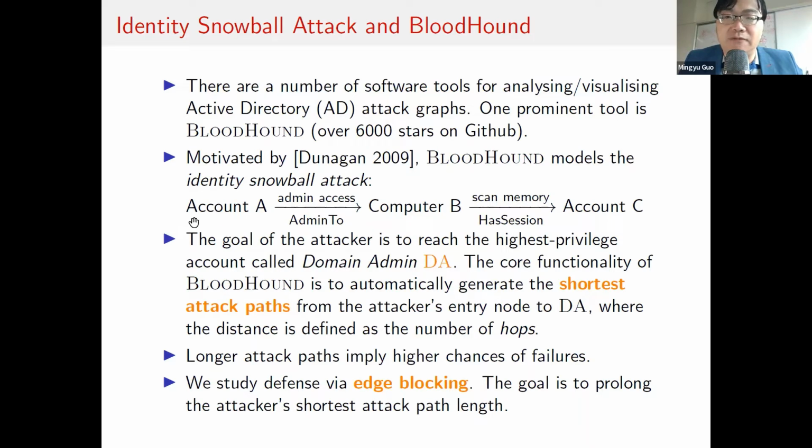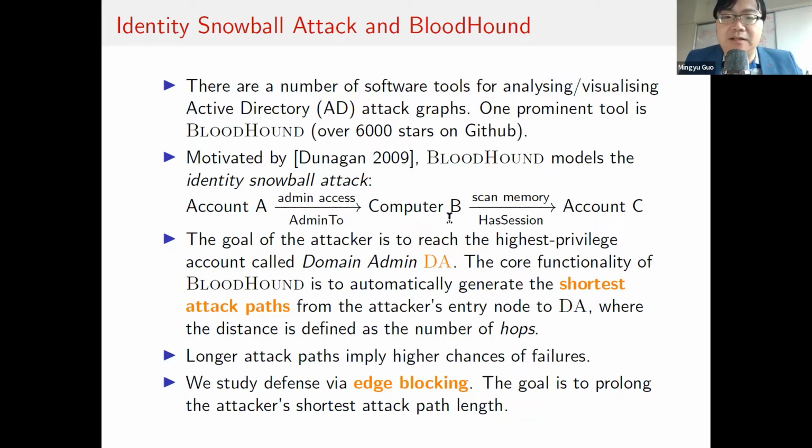Here's one visualization. Suppose initially the attacker compromises one account, for example by sending out a personalized phishing email, and gets into account A. Then the attacker can use an existing access. For example, suppose account A already has access to computer B; the attacker can then jump to computer B. This is another node, and this is a directed edge.